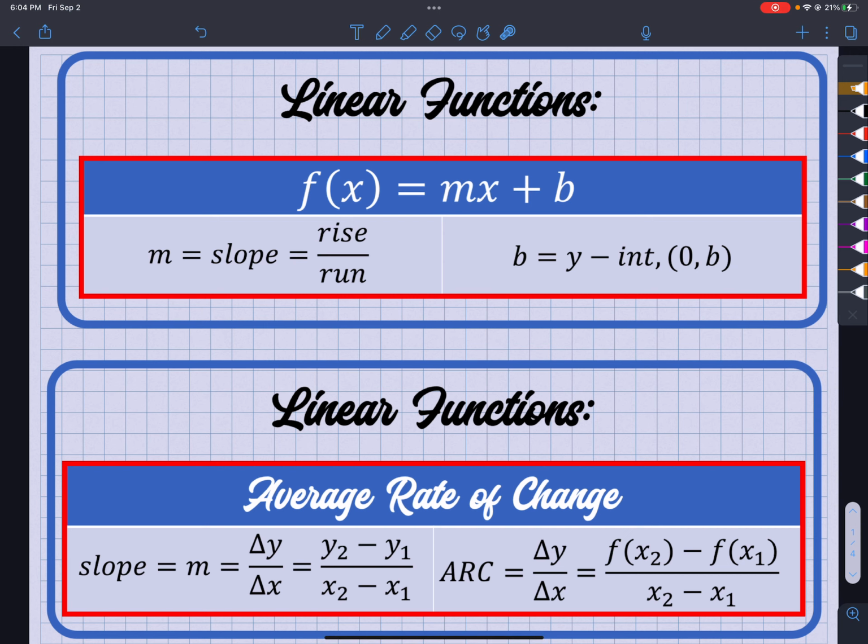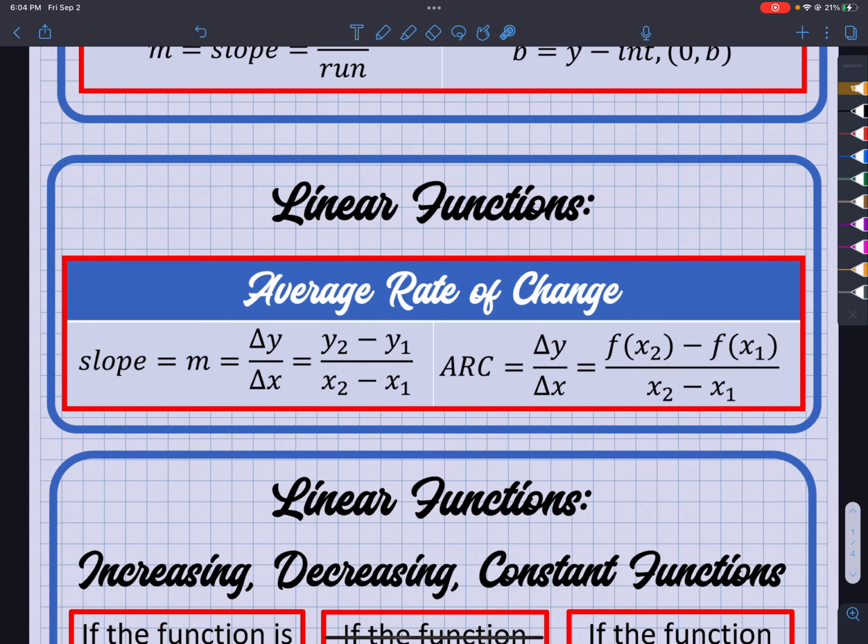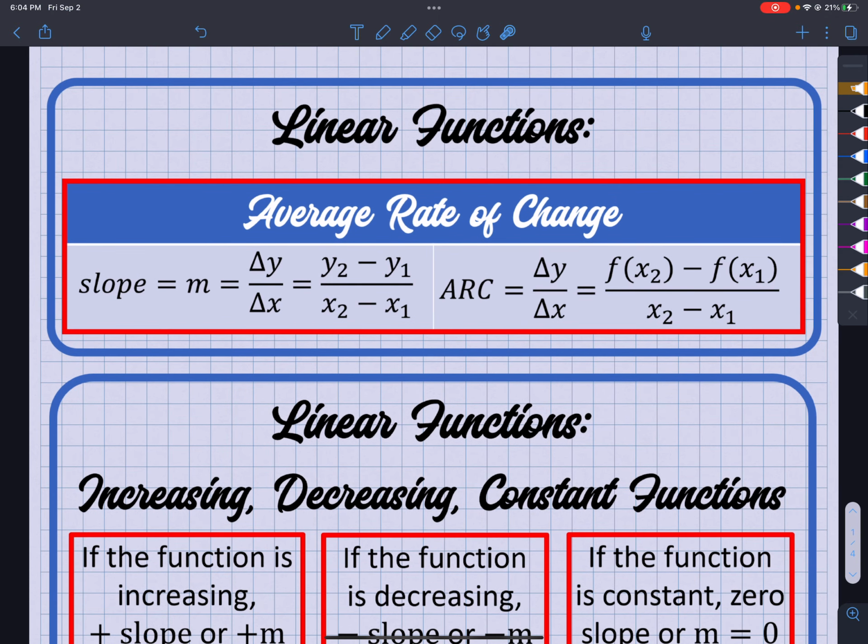Now, we also talked about before that slope is the change in y over the change in x. So we had this formula here, y2 minus y1 over x2 minus x1. However, what if we put this into function notation? Well, when we put it in function notation, y has been known as f of x, right?